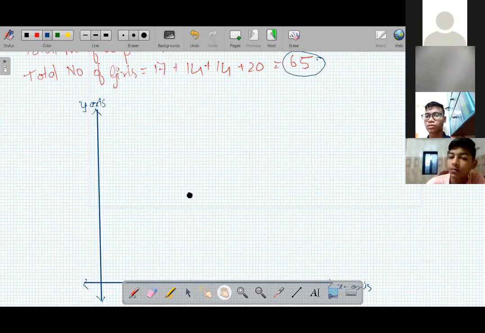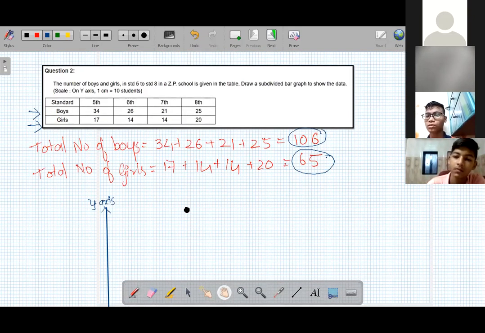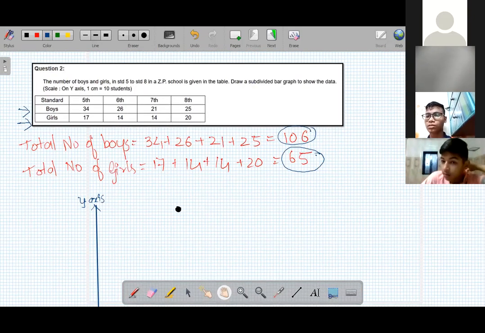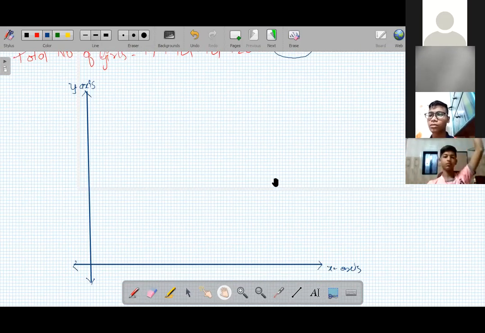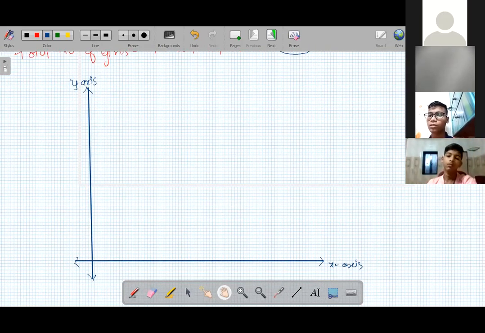What should be on the y-axis? If you see, the highest bar is of 106. Okay, so I'll show you the figure. One second.